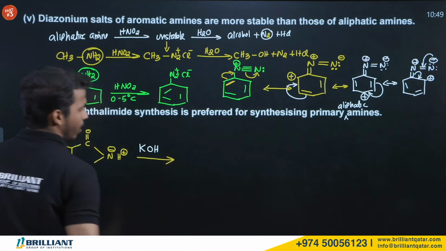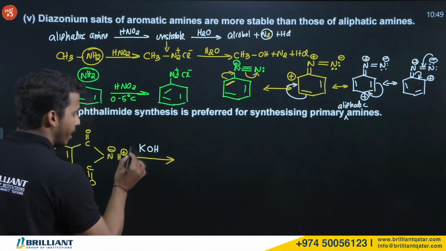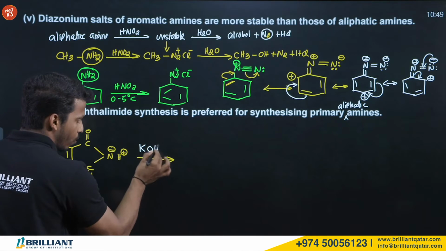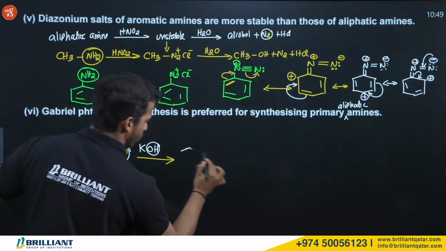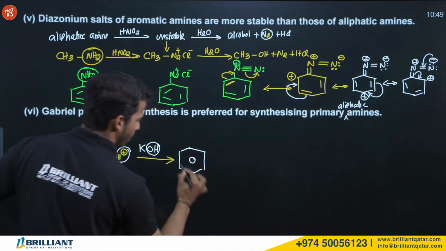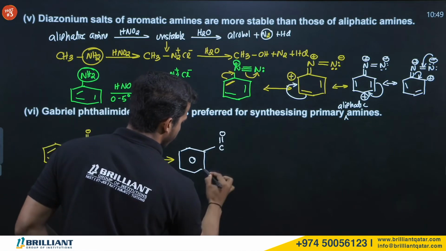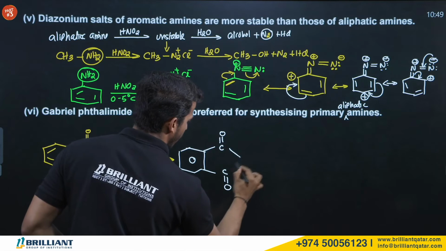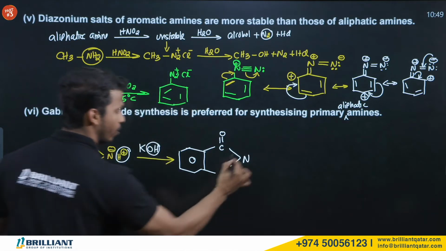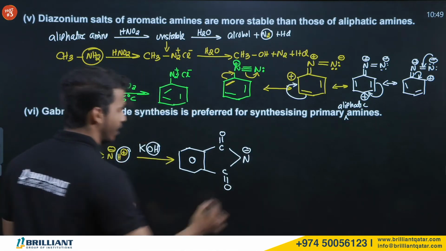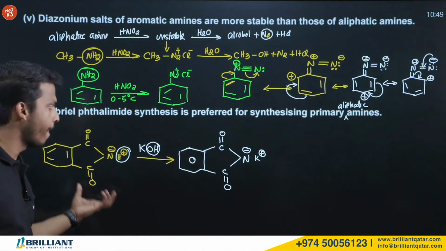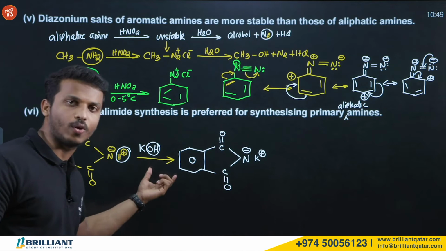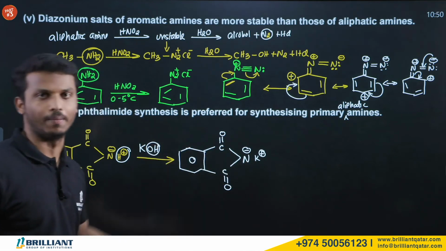So when you treat it with alcoholic KOH, OH minus and H plus are removed as water, and potassium comes to the place of hydrogen. So you will get benzene, CO, CO, with nitrogen having a negative charge and the potassium with a positive charge. Initially this is phthalimide. When you treat it with alcoholic KOH, you get the potassium salt of phthalimide.